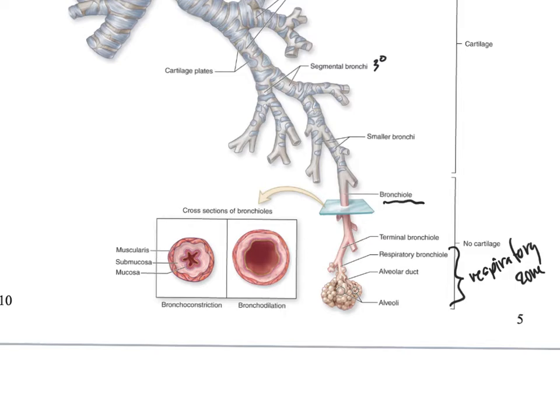When you constrict bronchioles, less space, less diameter, restricted flow. In what clinical situation would you see constricted bronchioles? Bronchitis, right? Inflammation. Bronchitis is inflammation of the bronchioles or the bronchi.